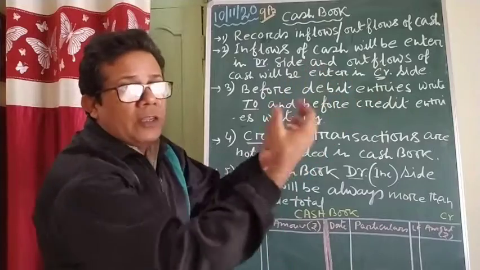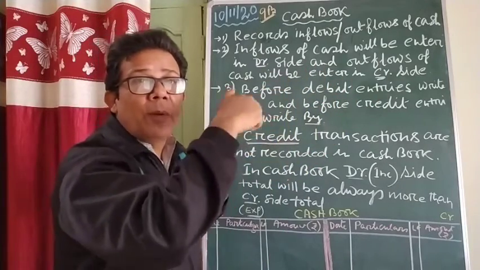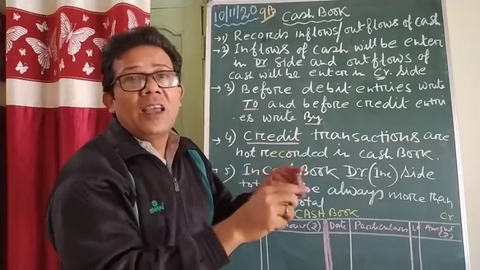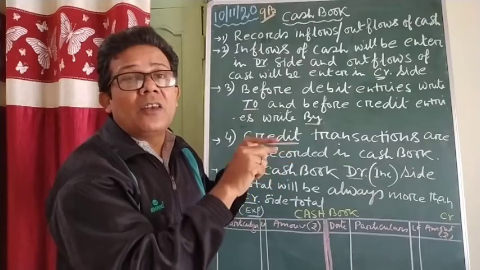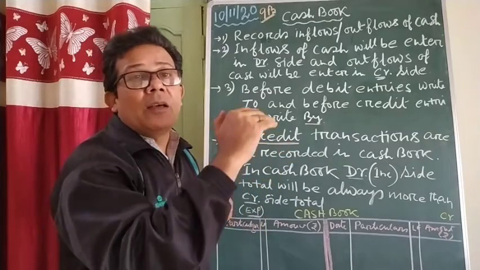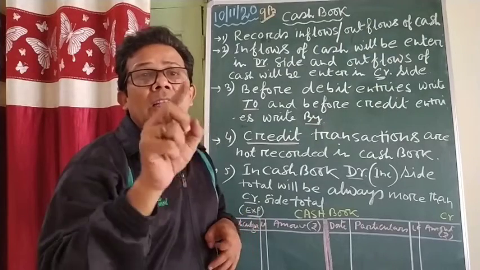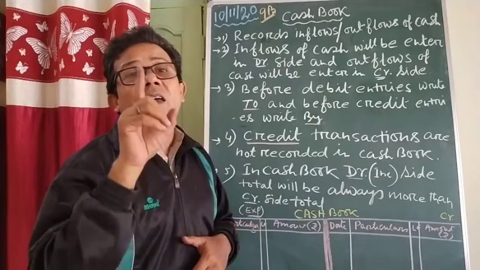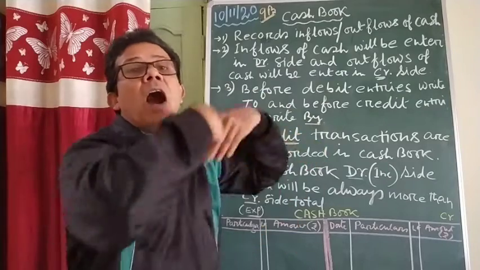That means the money coming to the organization, जो पैसा बढ़ता है कंपनी को और आता है, anything plus that is being entered into the debit side. And the cash going out from the organization is being recorded in the credit side. So inflow, debit side.